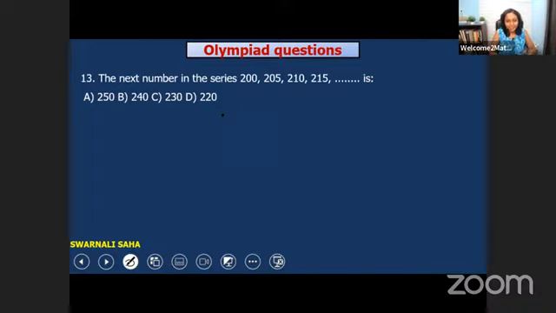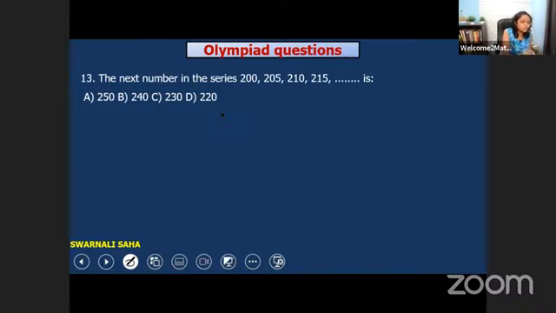This is the last question. Maths questions are so interesting. Did you enjoy? I am enjoying a lot with you people, you know. So let's solve this, the last question. Can you solve this? Then I will show you the answer. It's so easy. It is a skip counting question.